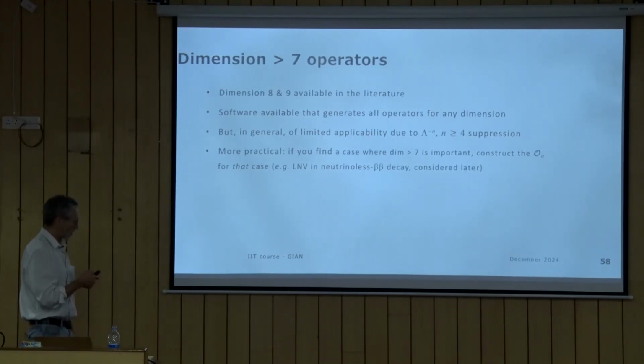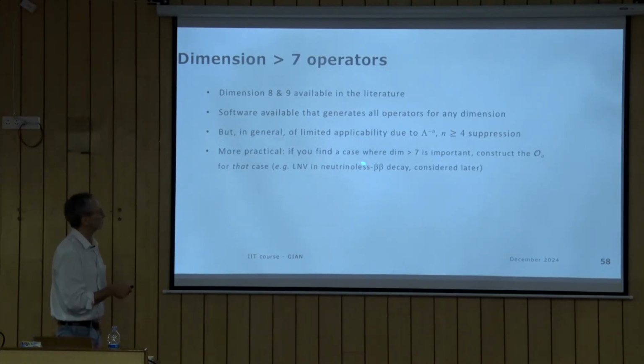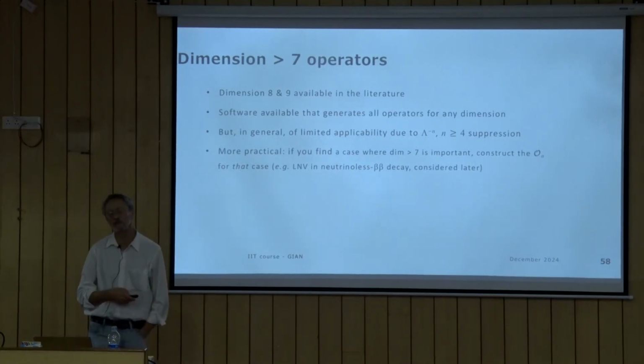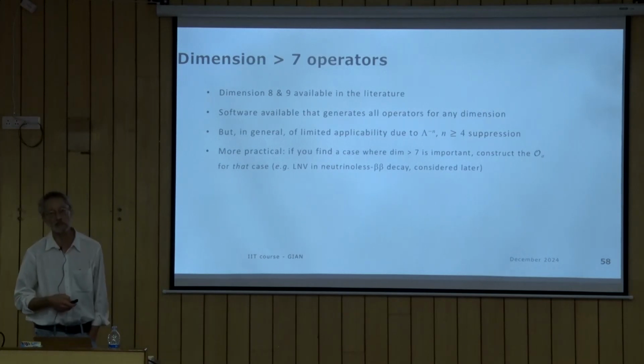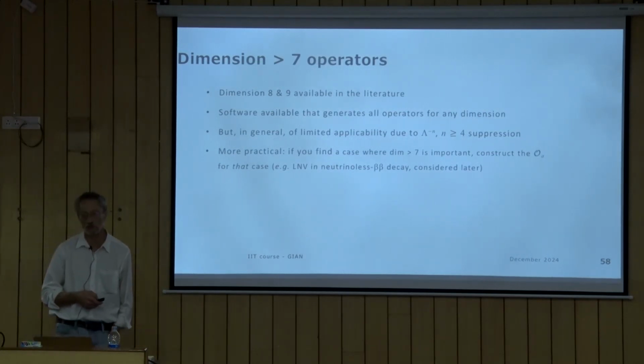And this is the intent of this last comment here. When I look at my version of effective theory in neutrinoless double beta decay, I'll give an example. In that case, I will need a dimension 7 operator, and I will need a dimension 9 operator, but that will justify the need when I come to that time. And it's only one operator for each.